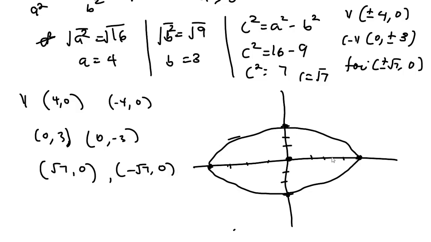So it will be here, and also here on the other side. So our foci will be here. We have negative root 7, 0, then root 7, 0. So that is that. It's quite simple when you get all these things.